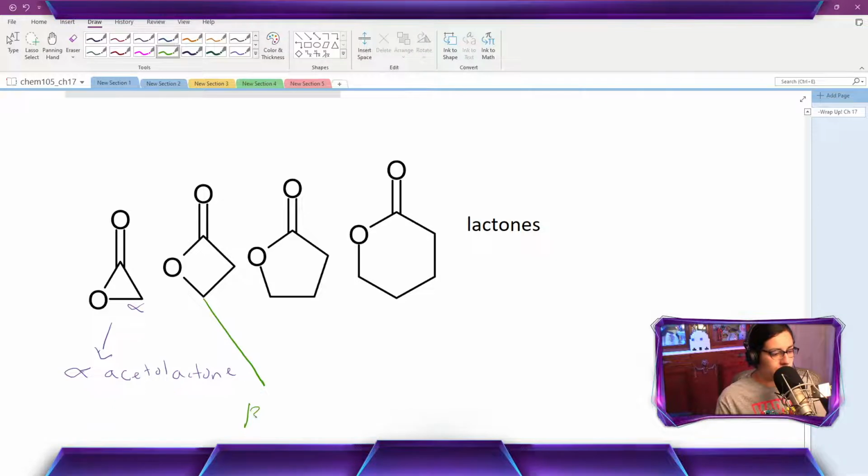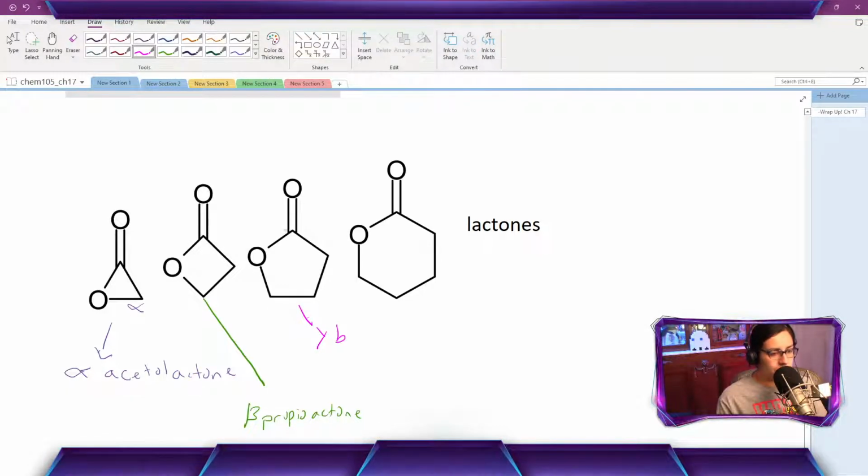So this compound is going to be beta, and now propio for 3, so beta-propiolactone. And this next one, now we have gamma because we're 3 carbons away.